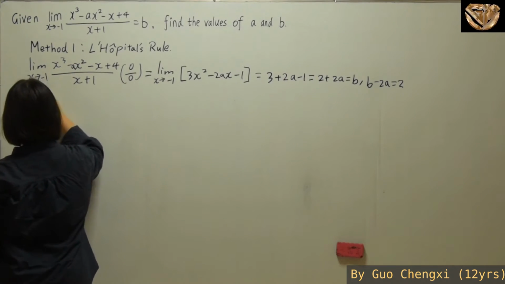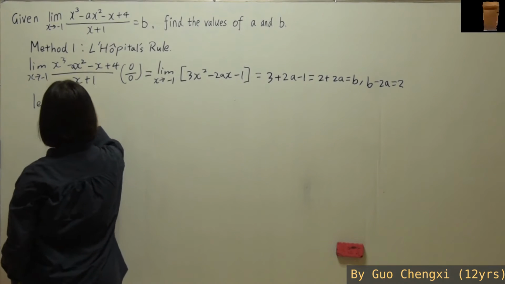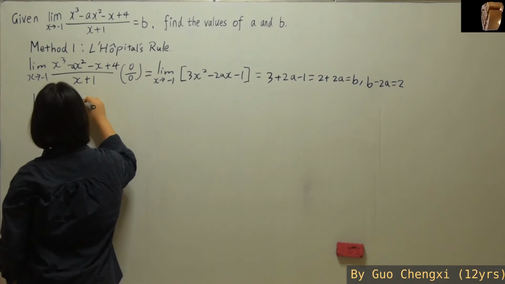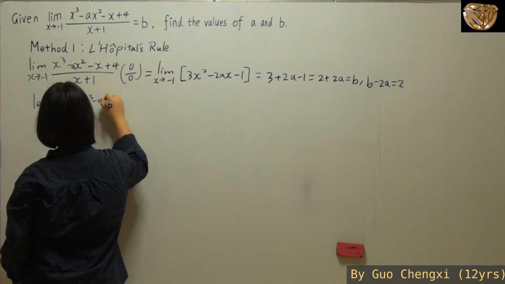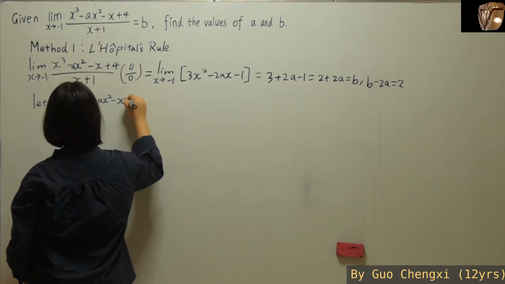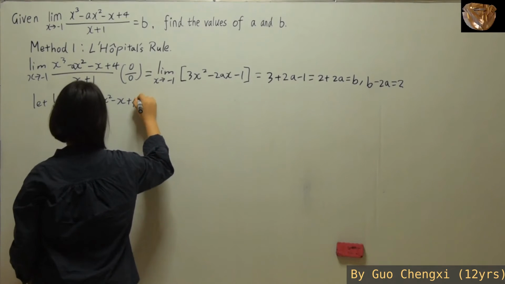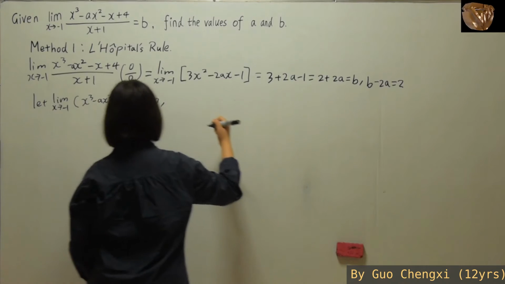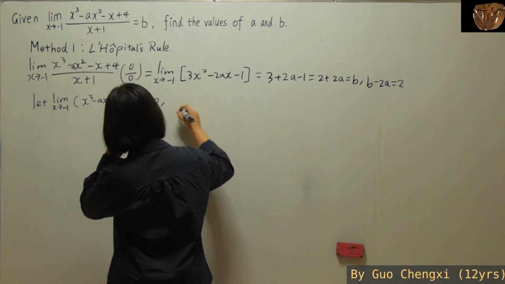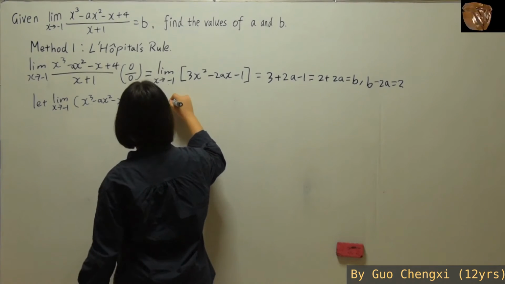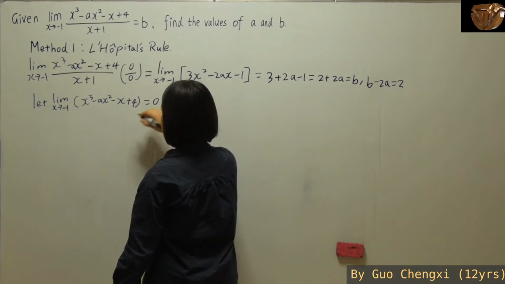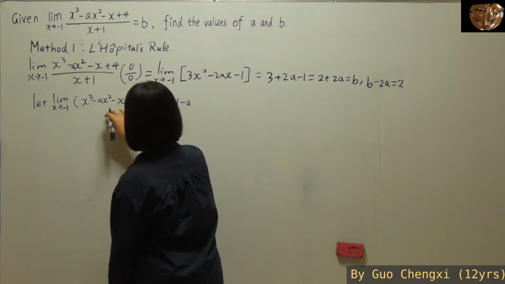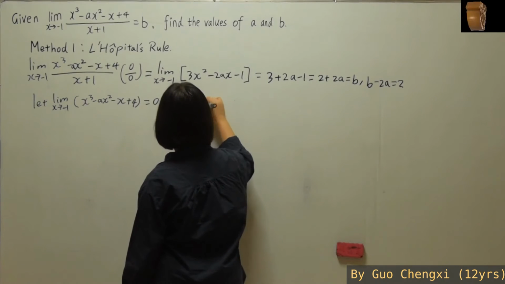So we let the limit as x approaches negative 1 of x cubed minus ax squared minus x plus 4 be equal to 0. Negative 1 cubed becomes negative 1, then the square will still have the minus a, then negative negative positive, plus 1 plus 4.